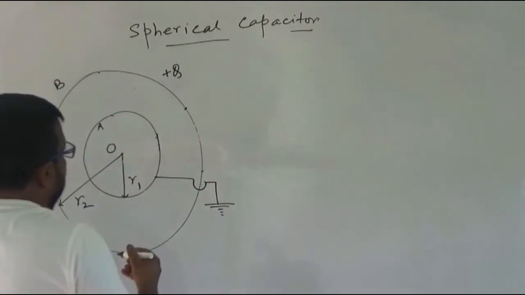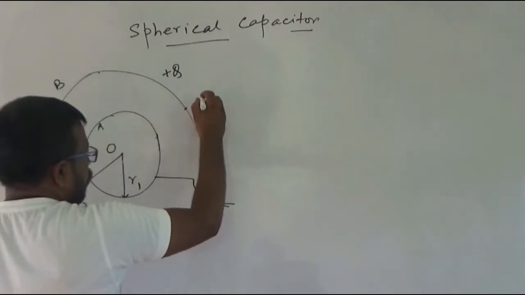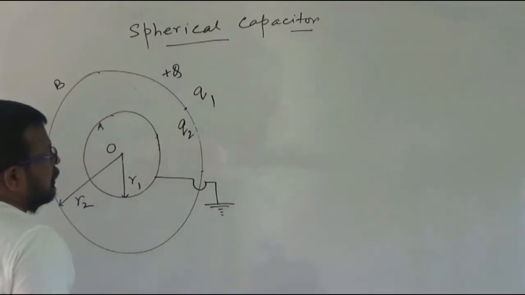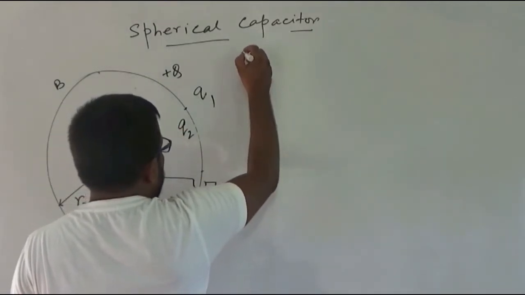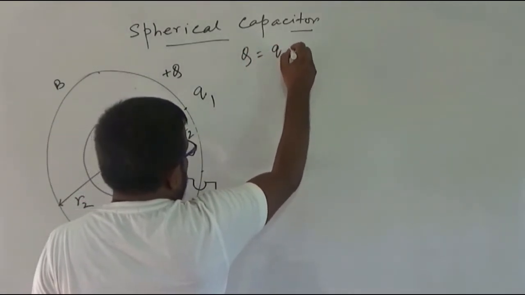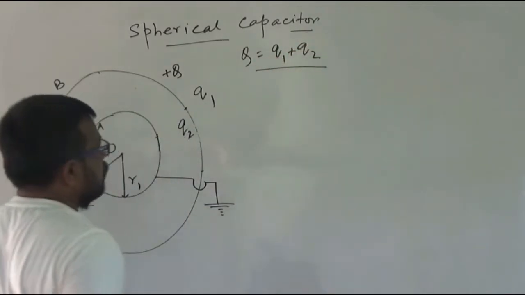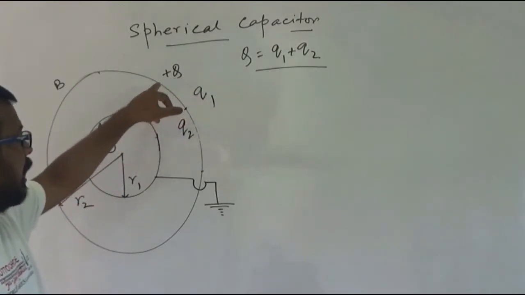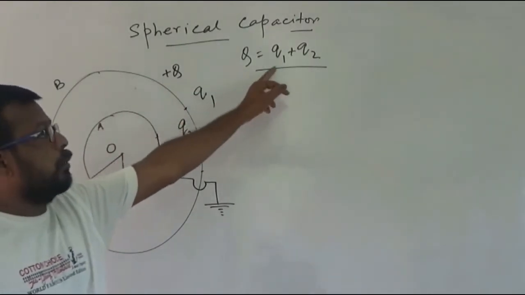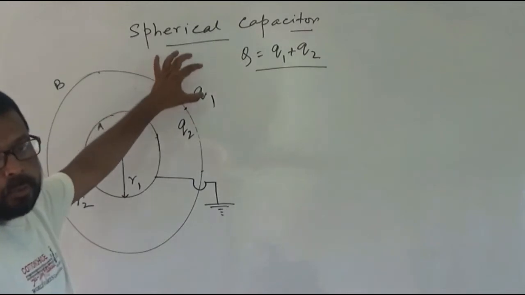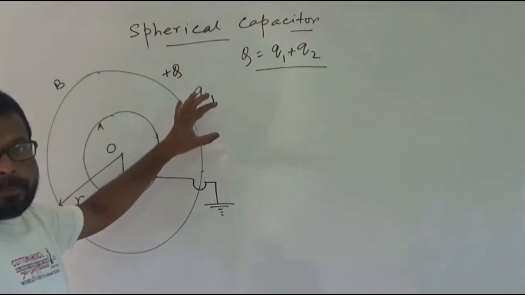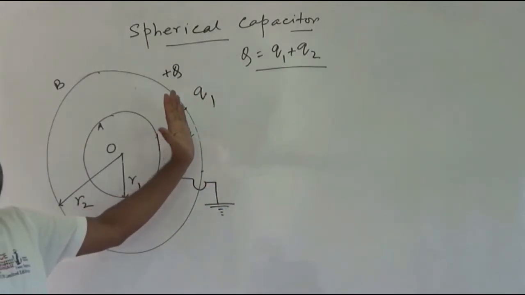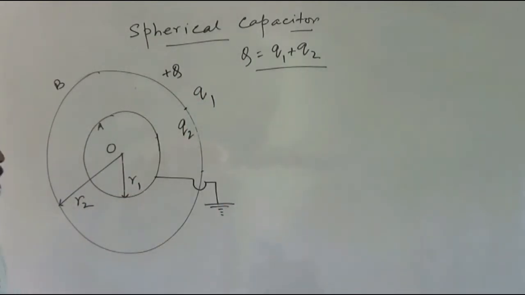Let us say that on the outer side there is a charge Q1 and on the inner side there is charge Q2, and Q must be equal to Q1 plus Q2. Capital Q, the charge given to the outer sphere, must be equal to Q1 plus Q2. This Q is divided into two parts. One portion resides on the outer side and one portion resides on the inner side.